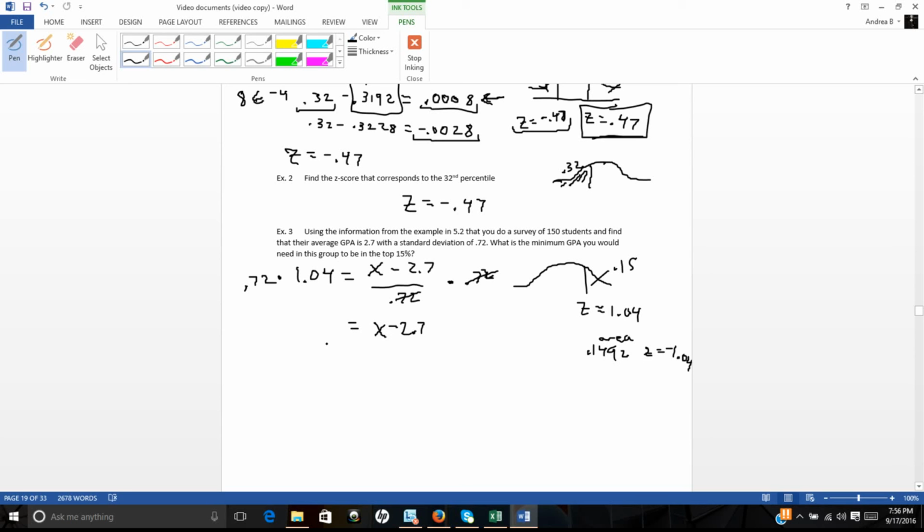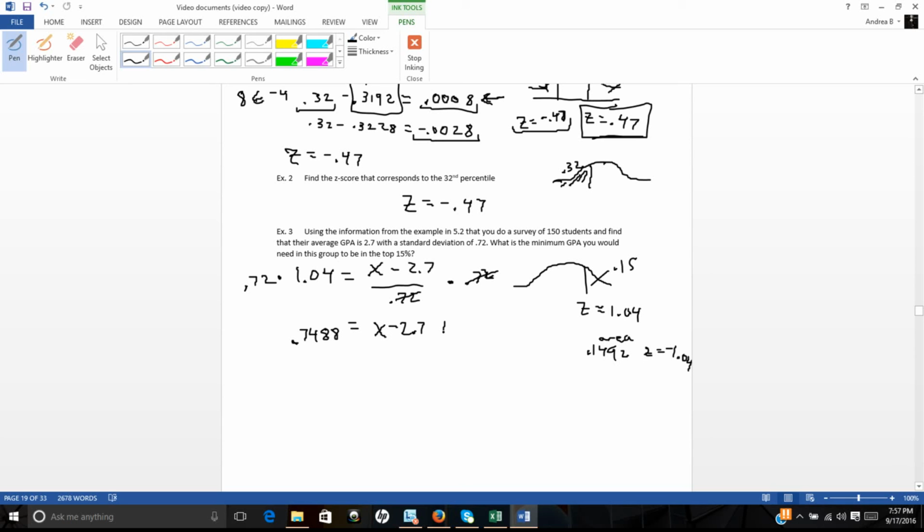And then we're going to have to do the 0.72 times 1.04 on the left side. So if we do that here, we get 0.7488, if you multiply those, is equal to x minus 2.7.